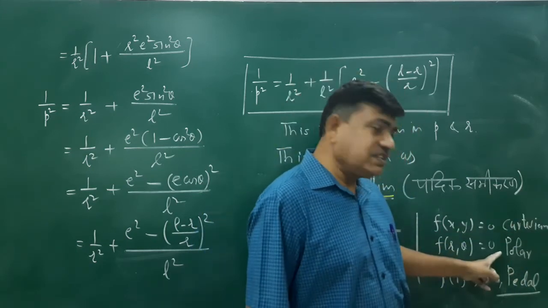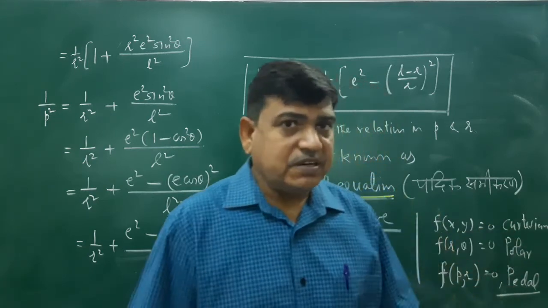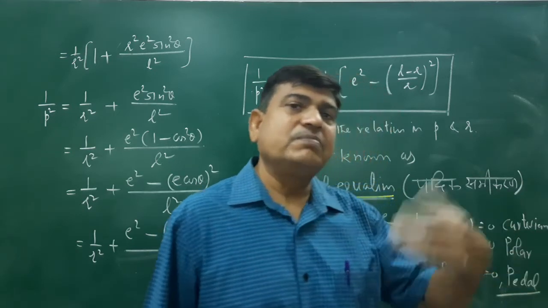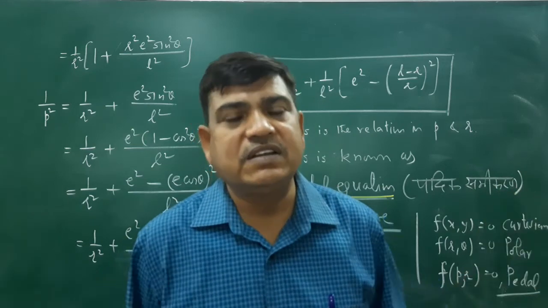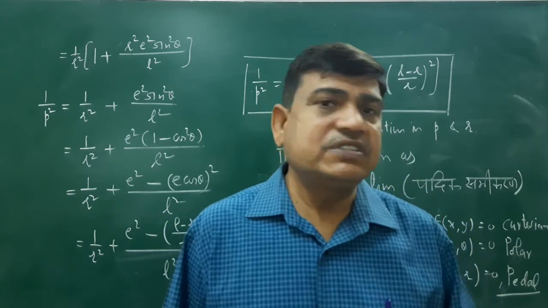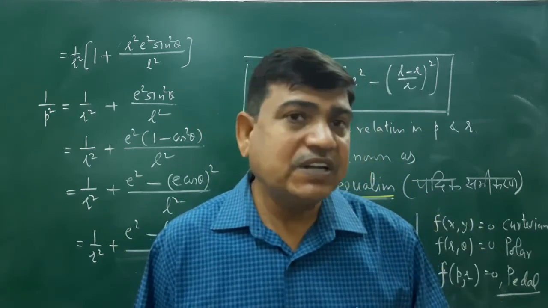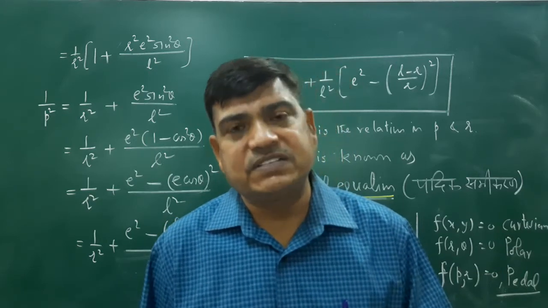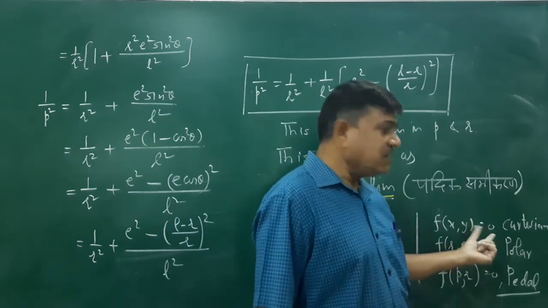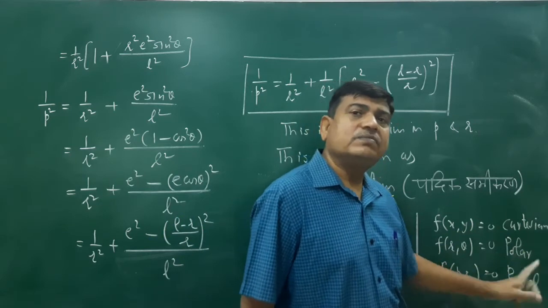If polar equation is given, how to convert it into Cartesian and pedal. We know that Cartesian can be converted into polar and polar into Cartesian, using x equals r cos theta, y equals r sin theta, r square equals x square plus y square, tan theta equals y upon x. This we have done. Now our aim is, when Cartesian is given, how to convert it into pedal equation, and when polar is given, how to convert it into pedal equation.